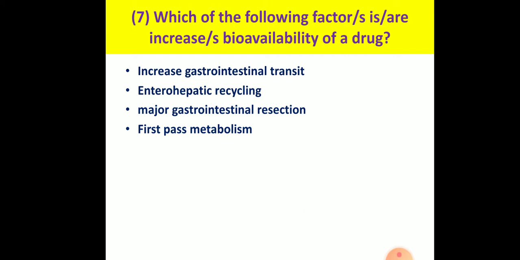In the liver again the drug is metabolized, conjugation occurs, then again it is released through the bile into the intestine and reabsorbed. It increases the net amount of the absorption of the drug and hence the bioavailability of the drug. So the correct answer is only one, and that is enterohepatic recycling. All other factors reduce the bioavailability of a drug.